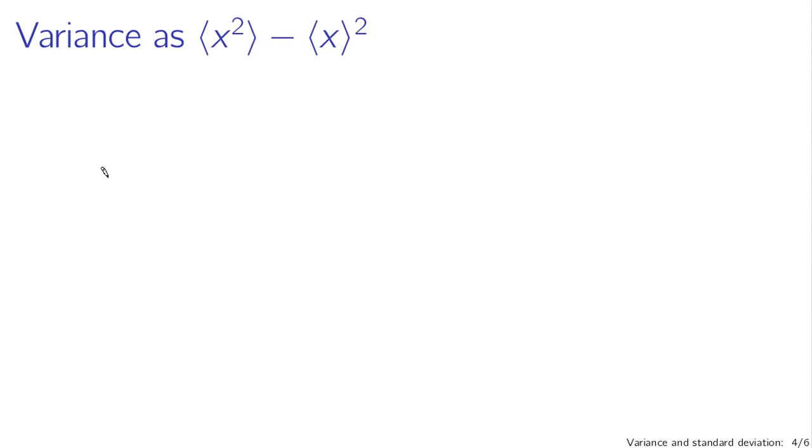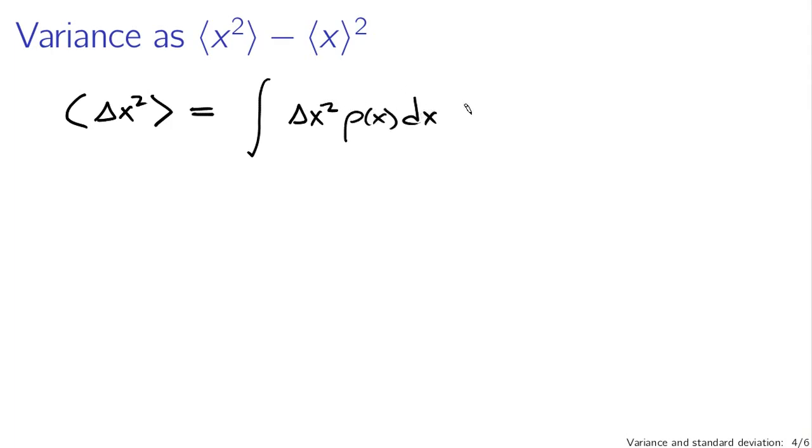You can see how this results fairly easily by plugging through some basic algebra. So given our definition, the expected value of delta x squared, we're calculating an expected value. So suppose we have a continuous distribution now. The continuous distribution expected value has an integral in it, so we're going to have the integral of delta x squared times rho of x dx.